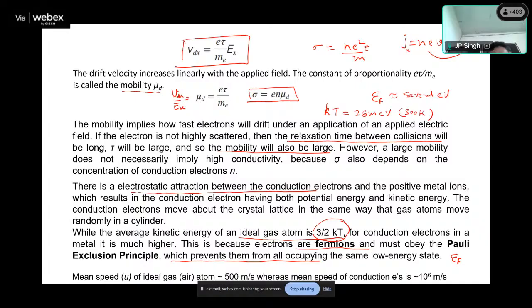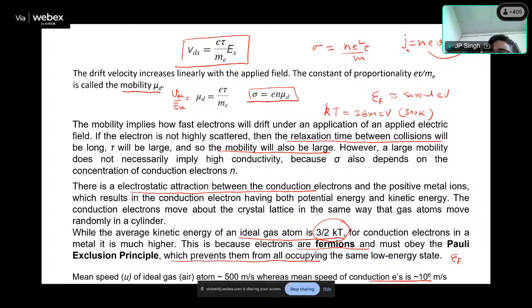That's why the mean speed of an ideal gas atom is typically around 500 meters per second, whereas the mean speed of conduction electrons is around 10^6 meters per second, which is 1/100th of the speed of light. So electrons in the metal are moving really very fast.